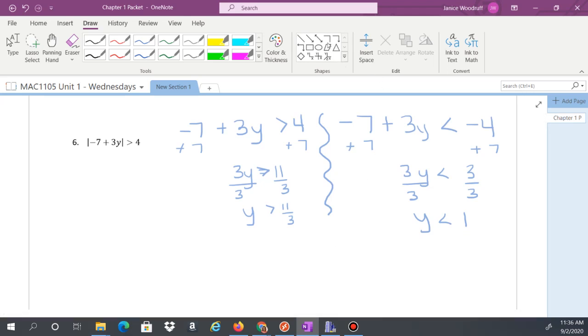So now it's an inequality. You're going to put both of these on the same number line. So 11 over 3 is roughly 3 2/3, right? Okay, so then if this were on a number line, I'd have 1, 2, 3, 3 2/3, maybe right here.